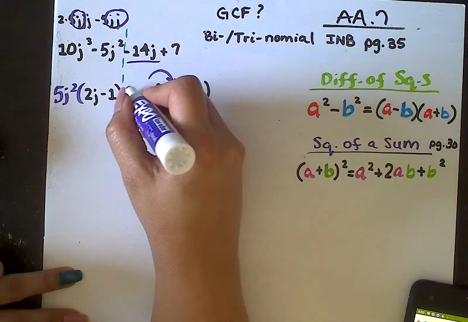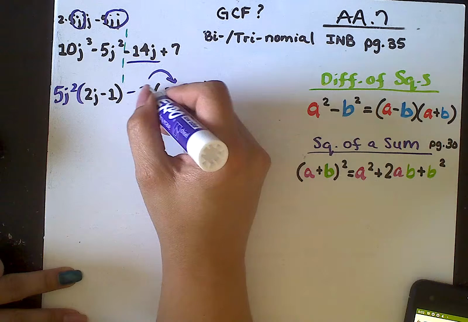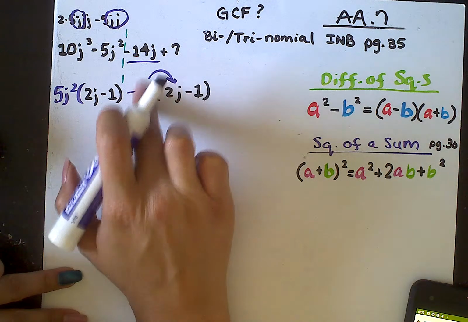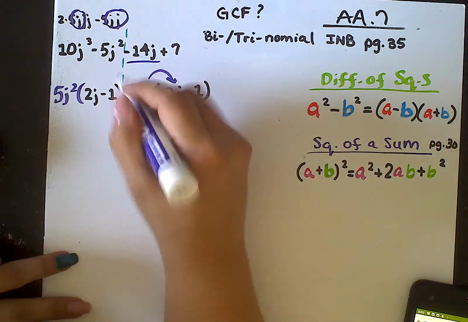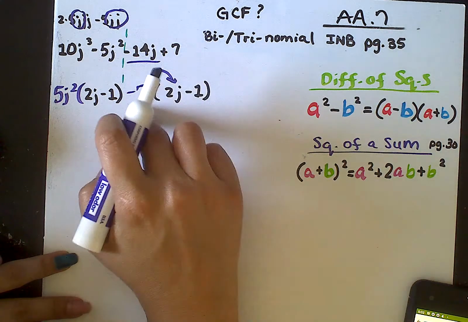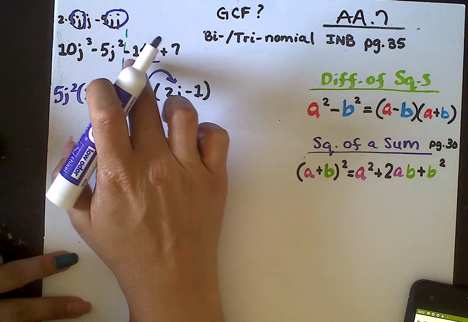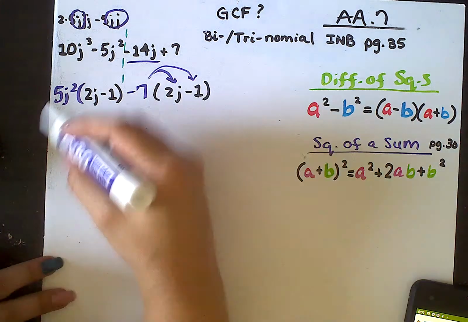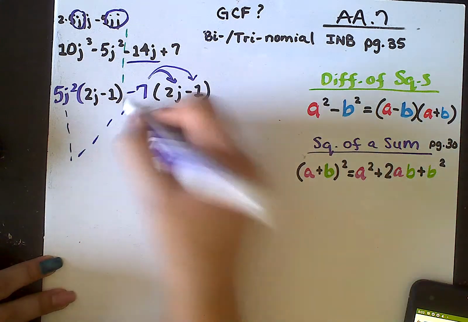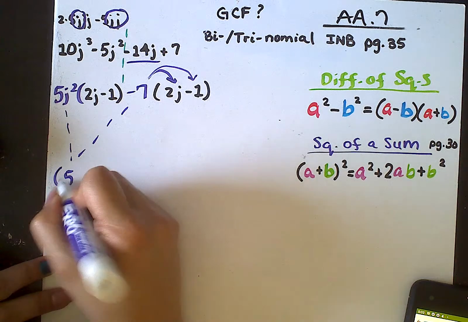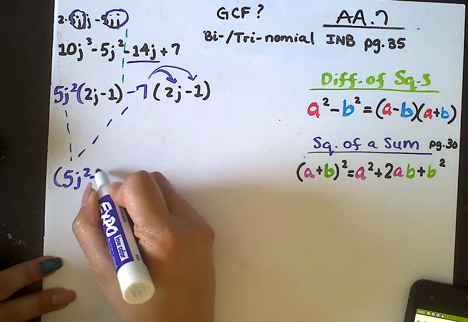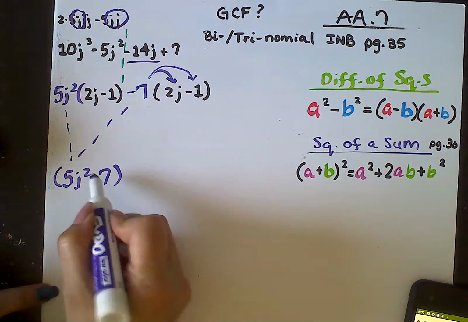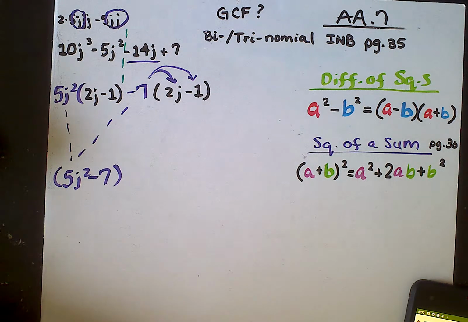Negative 2. And negative 2, oh, sorry. That wasn't right. Negative 7. There we go. Times 2j gets you negative 14j, and negative 7 times negative 1, positive 7. Sorry, that doesn't really look like a minus sign. There we go.